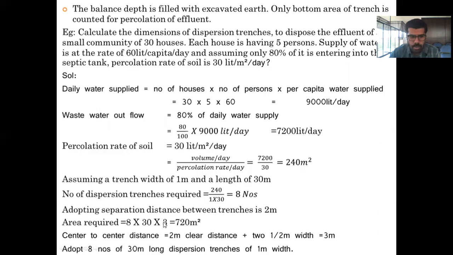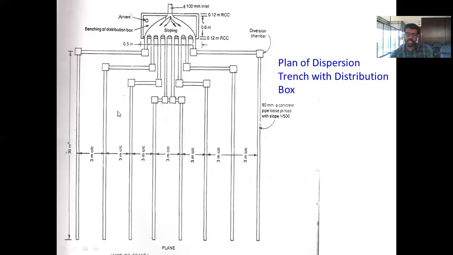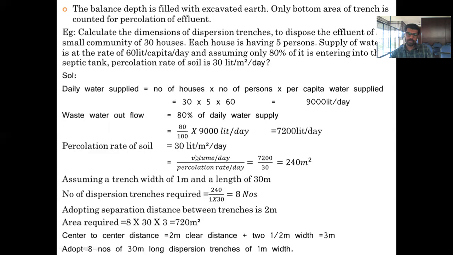Adopting a separation distance between the trenches of 2 meter, the total area required will be how much? Including this 3 meter, the total area will be 8 into 30 into 3, which is 720 meter square.